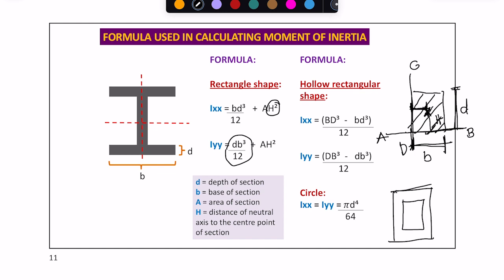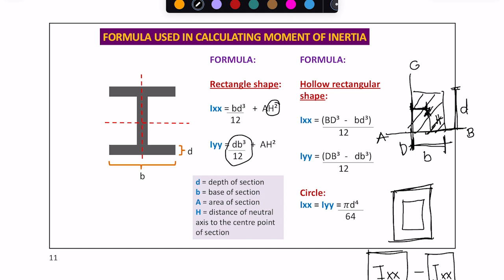You can just take the bigger rectangle, get the value of I-axis, and minus with the smaller rectangle inside the value of I-axis atau IYY dia lah.